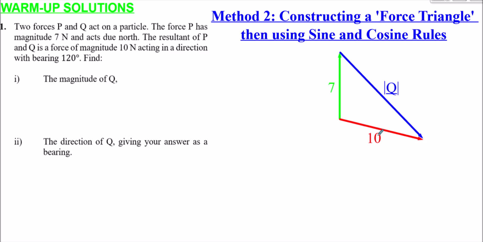This is 10, which is the resultant, and we need to find the magnitude of Q. Now what we were told as well is the direction that the resultant is acting in was a bearing of 120 degrees. Bearings are measured from north, so we can start from this line here, which is P, add this on, and that's 120 degrees, as hopefully you can see fairly straightforwardly.